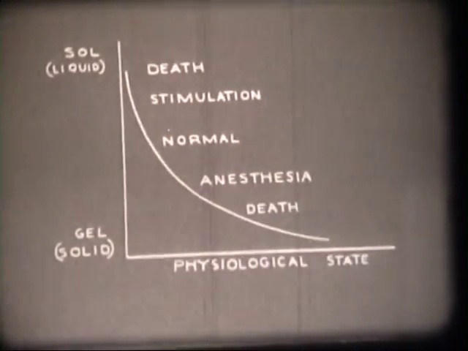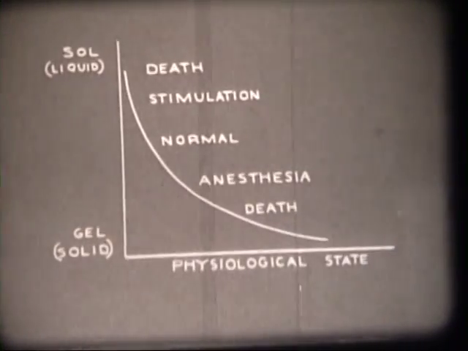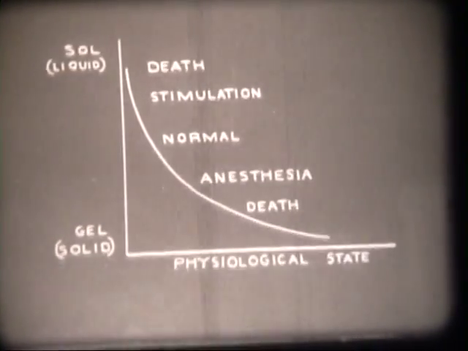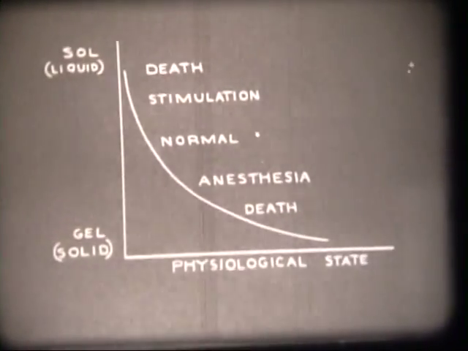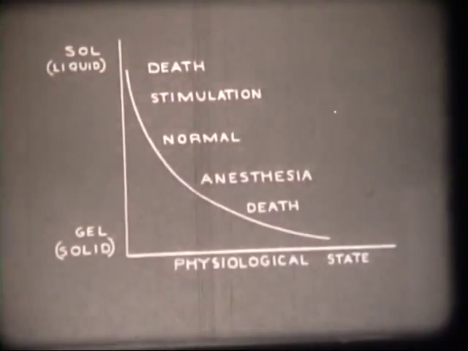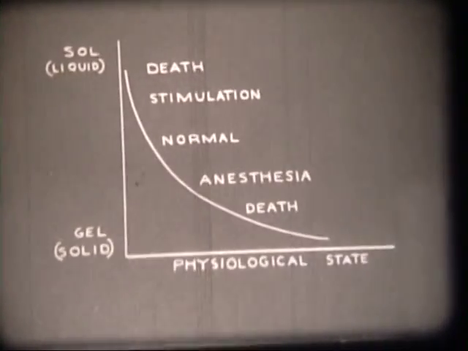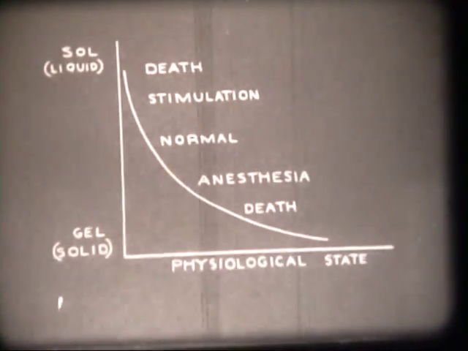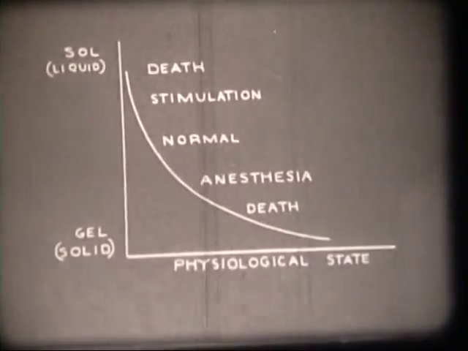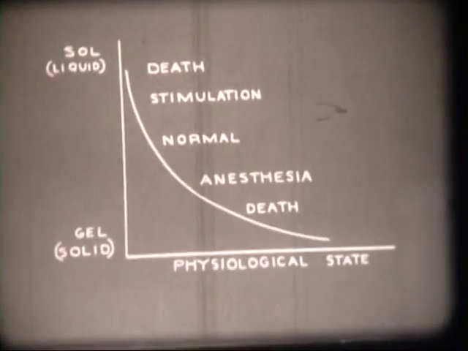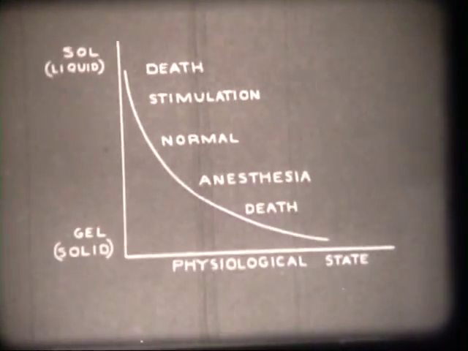You cannot unclot blood, or as the chemists say, you can't unboil an egg. Anesthetized protoplasm gelatinizes and becomes quite firm. If the gelation goes too far, death by coagulation results. At the one end of the curve, we have liquefaction, and at the other end of the curve, solidification, which in both cases can result in death.